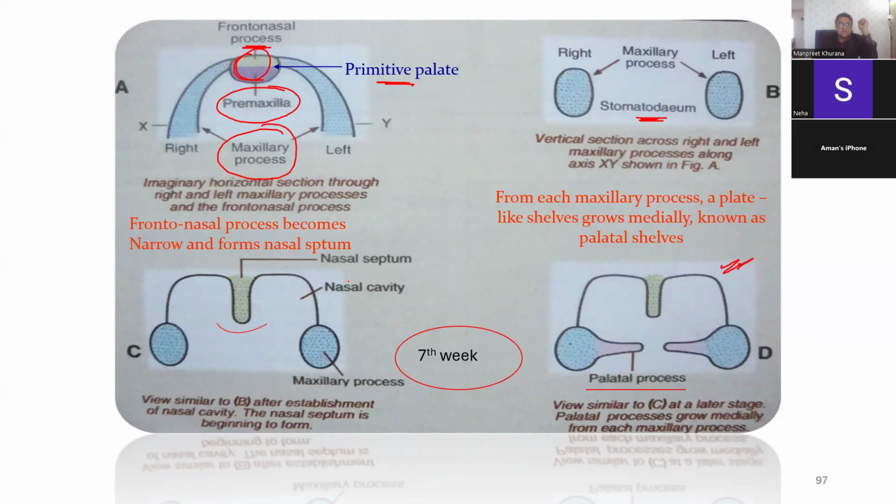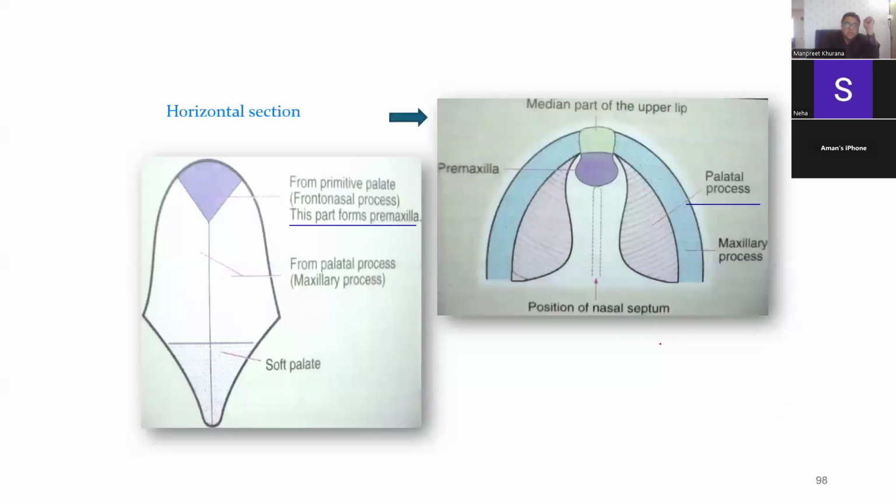Then there are some processes which develop from the maxillary process, known as the palatal processes, right? How they are fused, if you see that. Now this part is the premaxilla. They are formed from the primitive palate or the frontonasal process. Now you saw those two processes of the maxillary process.